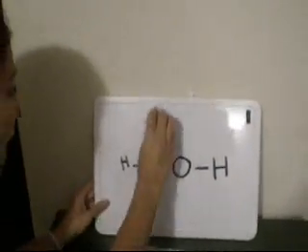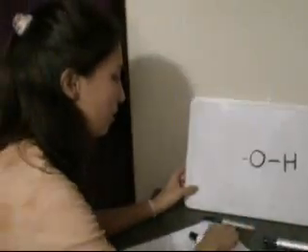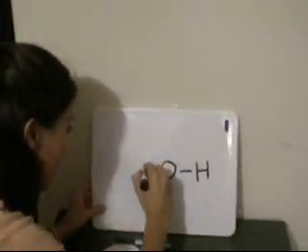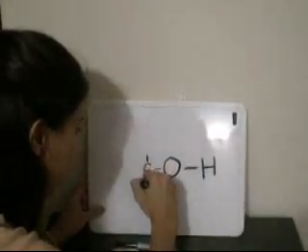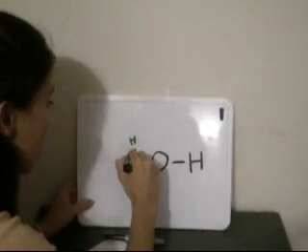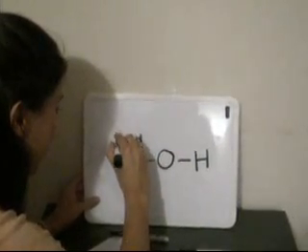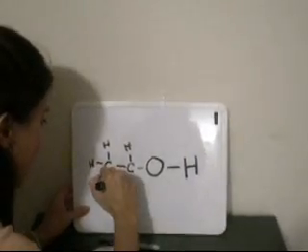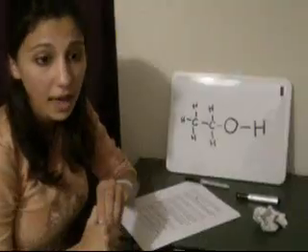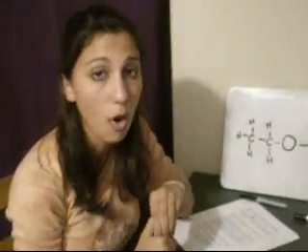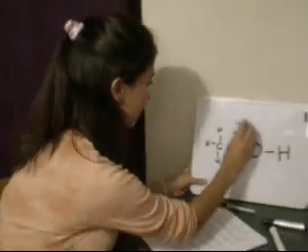Next, I'm going to show you ethyl alcohol, which contains a CH2 group and also a CH3 group. Notice that the difference between methyl alcohol and ethyl alcohol is the R group. Ethyl alcohol has a CH3 and a CH2, whereas methyl alcohol only has the CH3 group. Okay. Great.